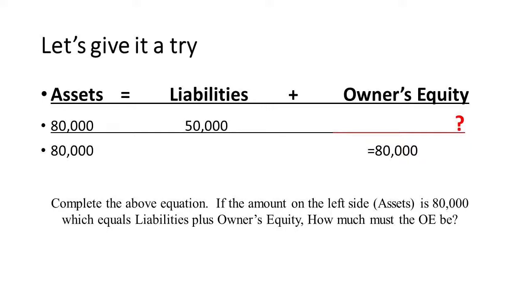So if assets is $80,000, in order to balance, what must my owner's equity be? $30,000. In order to balance, my owner's equity should be $30,000 because assets equals liabilities plus owner's equity. Liabilities $50,000 plus $30,000 equals $80,000. So correct. Very good.